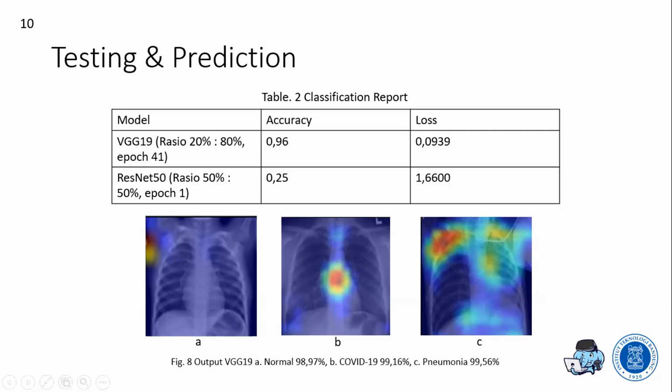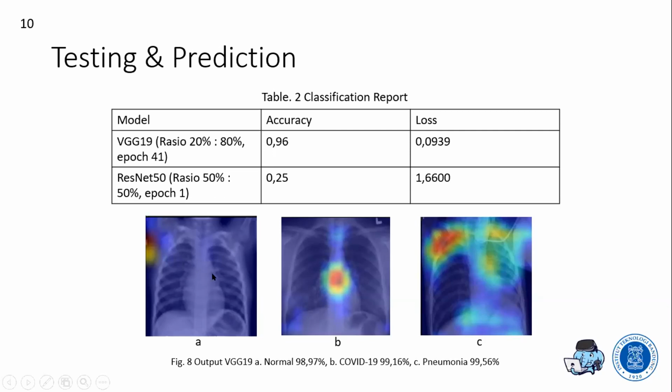And for the output we use VGG19: from the normal 98.97%, from COVID-19 99.16%, and pneumonia 99.56%.